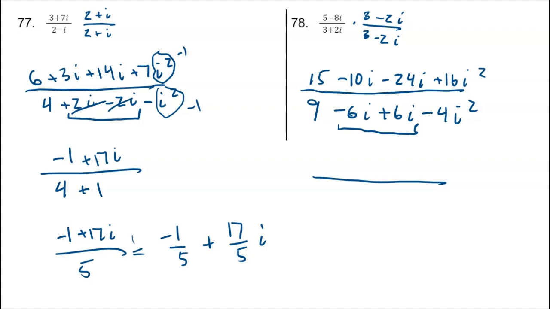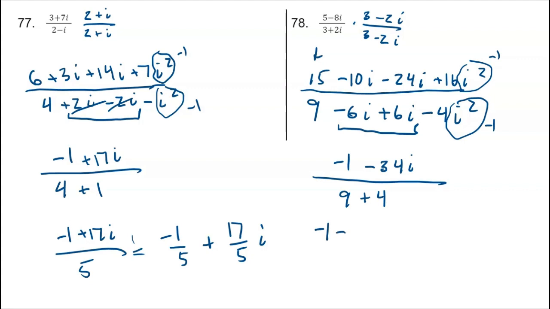And then I'm going to get 9 plus 4. Where did I get plus 4 from? Once again, remember, i squared is a negative 1, multiplied by the negative 4 turns into a positive 4. In the top, I have a negative 10i and a negative 24i, which makes negative 34i in total. This i squared is also going to turn into a negative 1, so 16 times negative 1 is negative 16, plus the 15 is going to make a negative 1.